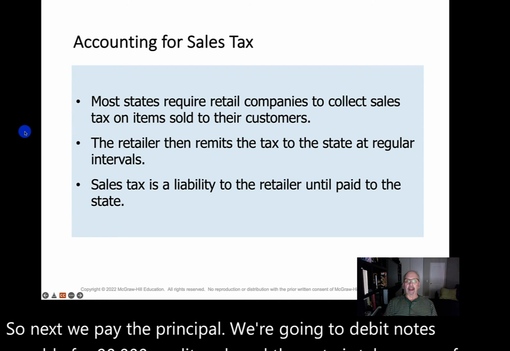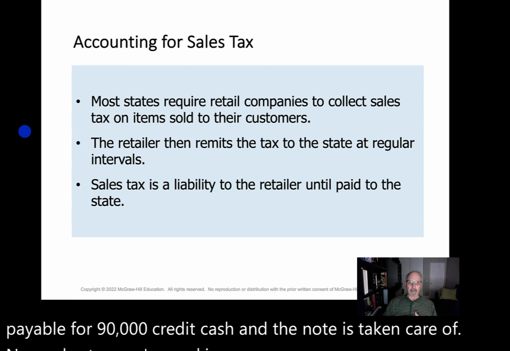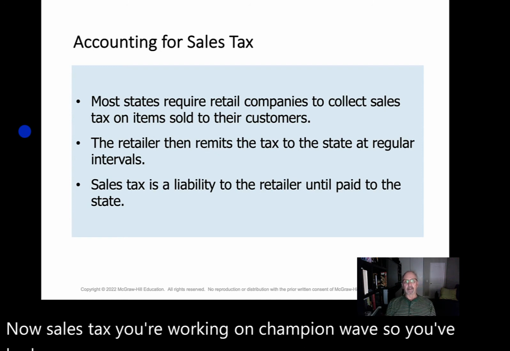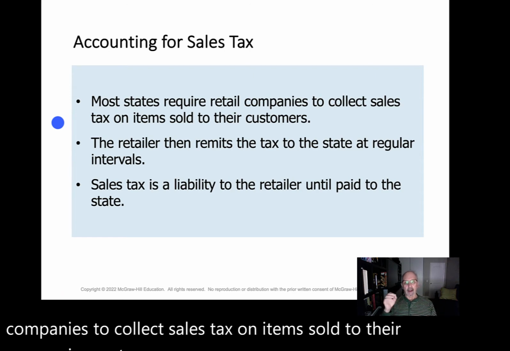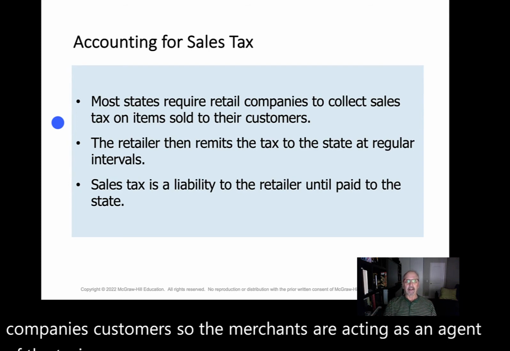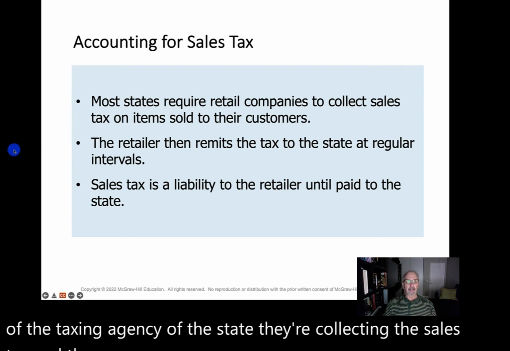Now, sales tax. You're working on Champion Wave, so you've had some experience with sales tax. Most states require retail companies to collect sales tax on items sold to their customers. So the merchants are acting as an agent of the taxing agency, of the state. They're collecting the sales tax, and then they remit the tax to the state.